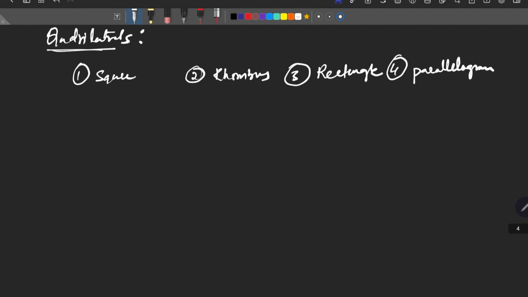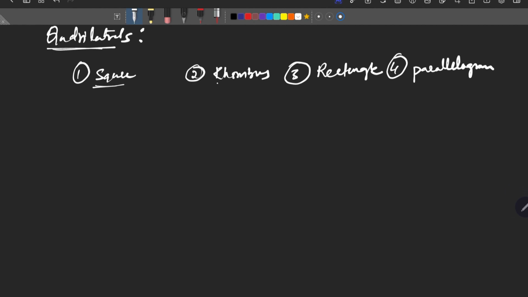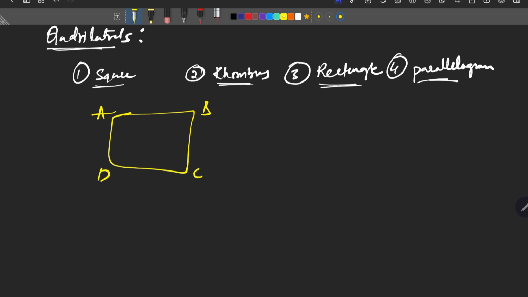How do we decide whether it's a square, a rhombus, a rectangle or a parallelogram? Let us draw a rough diagram to understand better. Let us imagine a general quadrilateral ABCD. We are not sure whether it's a square, rectangle, rhombus or parallelogram, so we first find the sides AB, BC, DC, AD.